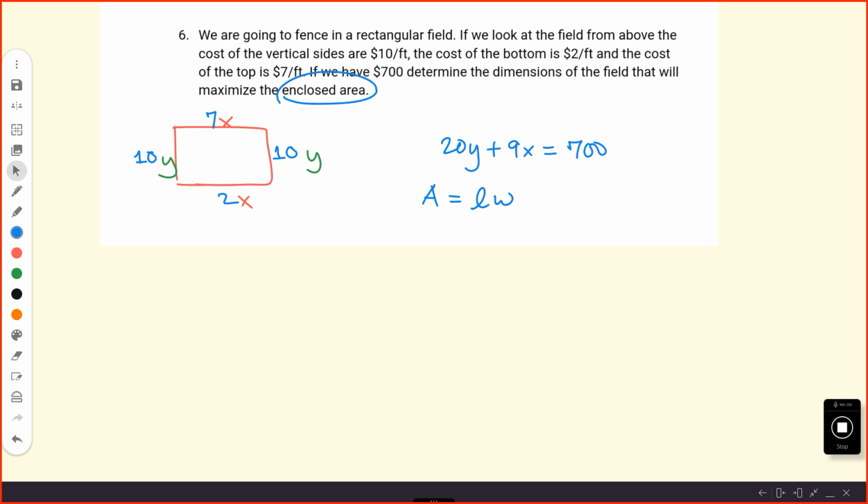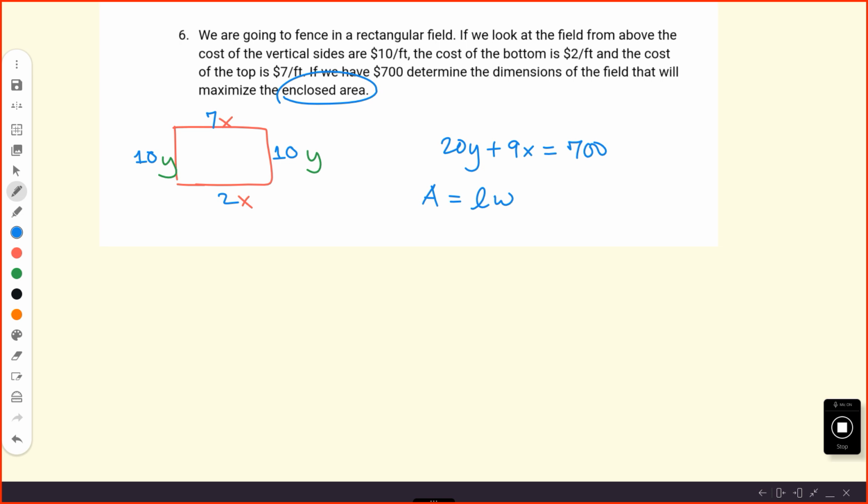Okay. So because in order to maximize the area, the enclosed area, we have to express this in terms of a variable times another variable. So if this is the case, let's say I'm just going to express this in terms of y. Right?